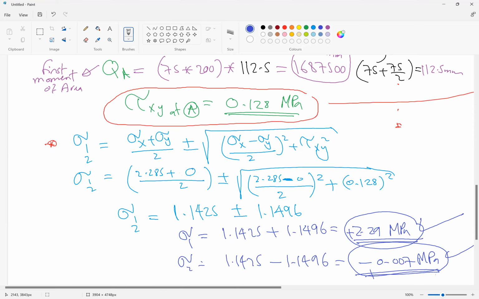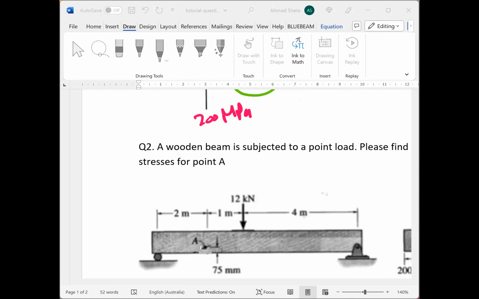Okay, do you have any questions in this example? Let's check the answers. Hopefully we get it correctly.